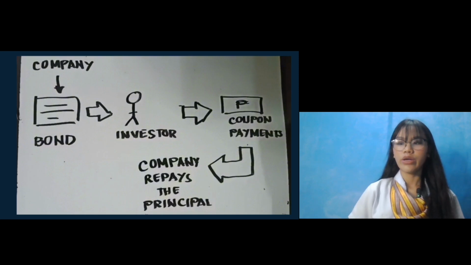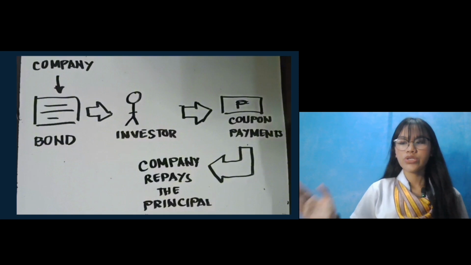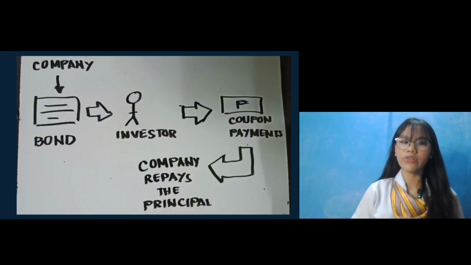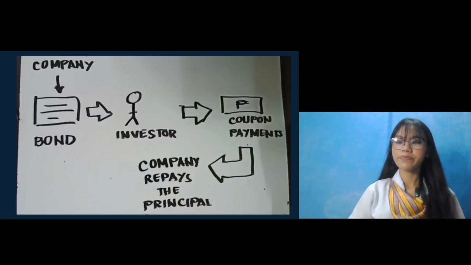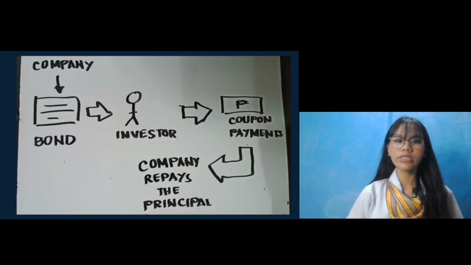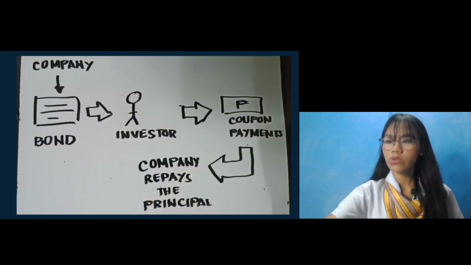Now, who is the one who will be able to purchase or buy that bond? We call it the investor. So the investor would be the one who will be lending the money to the company. Okay? And of course, what is the exchange for that method?